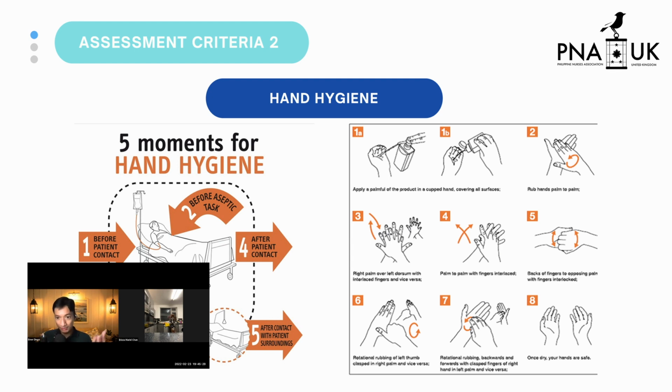The steps are: palm to palm, right palm over the left dorsum, and then the other hand as well, palm to palm with fingers interlaced, back of the fingers, and then the thumb, and then the rotational rubbing backwards and forward with clasped fingers, and then let it dry.